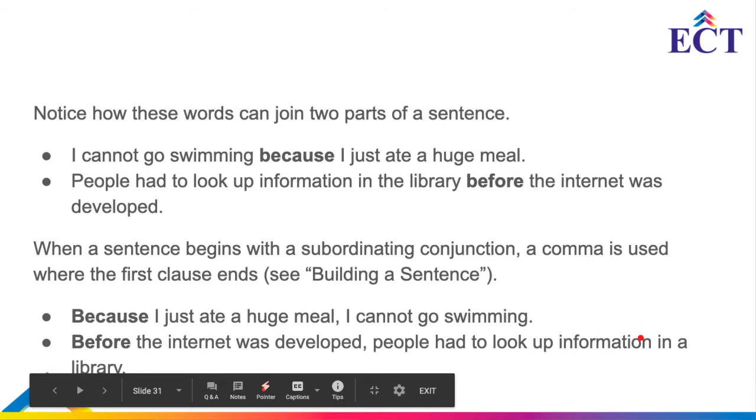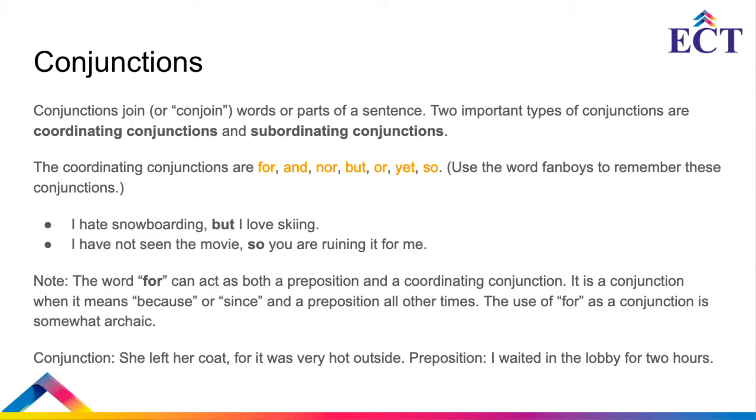For now, to understand the difference between coordinating and subordinating conjunctions, just remember that we use coordinating conjunctions when the two parts are independent of each other, right? And we use subordinating conjunctions when one part is dependent on the other.